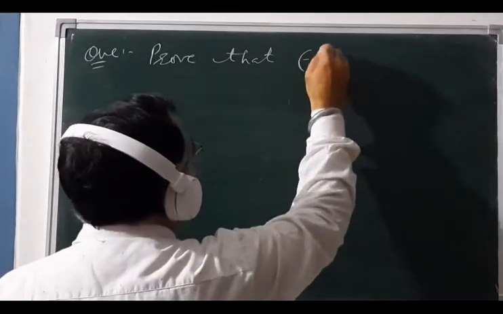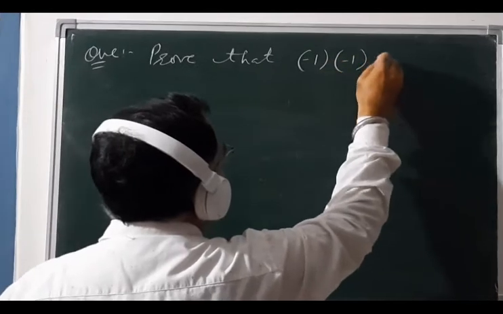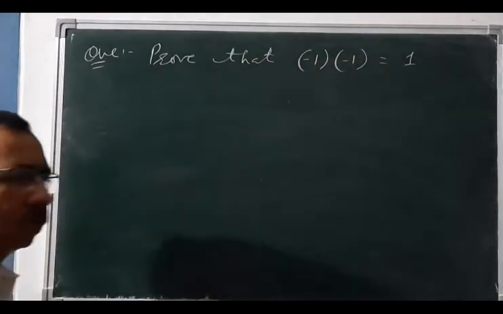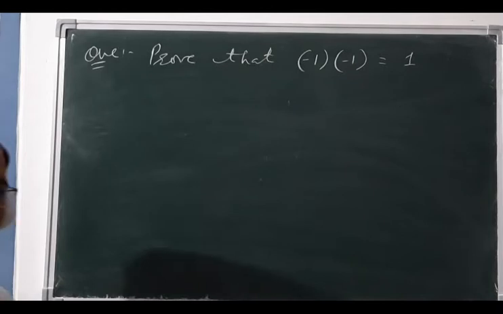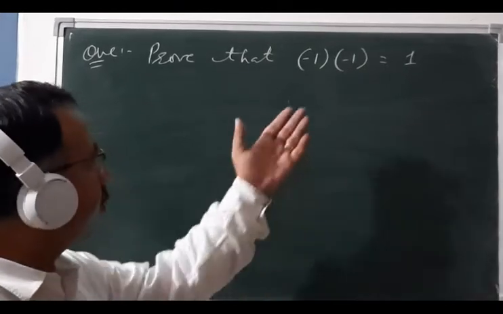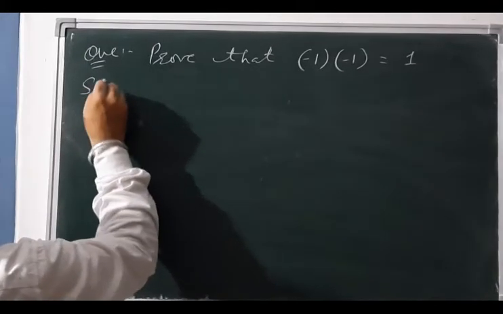Next we prove that minus 1 times minus 1 is equal to 1. Again, by assuming my axioms, I will prove this result. Solution.